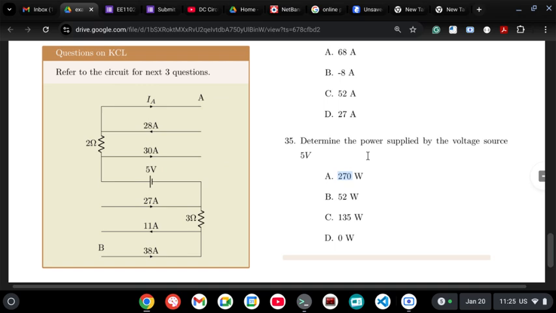Sometimes what I do, just one quick pointer, is look at these wrong options, right? 52, 135. I can anticipate what kind of mistakes students may make. So, for example, I forgot to remove this 30 amperes, right? So here I was considering 50, then 50 plus 28. I was calculating that, so I got a wrong answer.